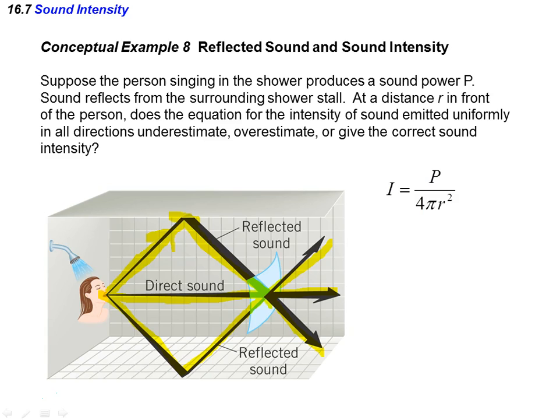And so the energy that we would expect to be off in this direction over here is actually located down here at our point of concern. And the same thing happens as the energy goes down, it's reflecting back up. So really this intensity equation is an underestimate of what's truly happening at that point in the shower.